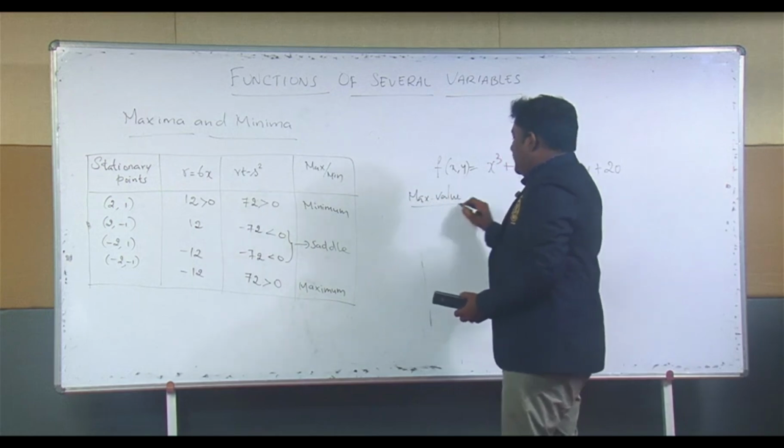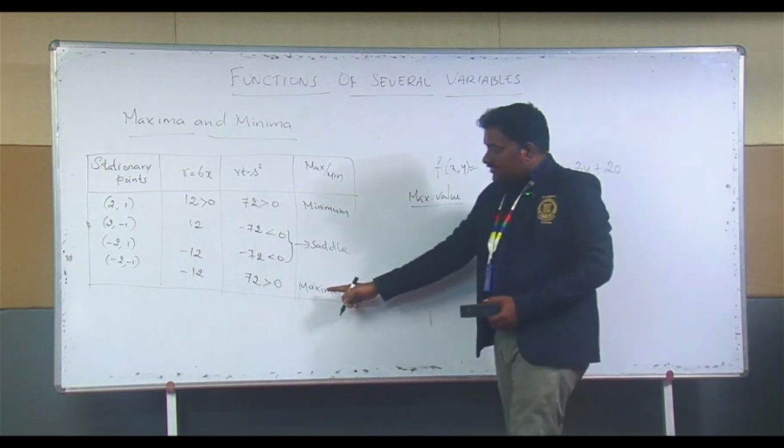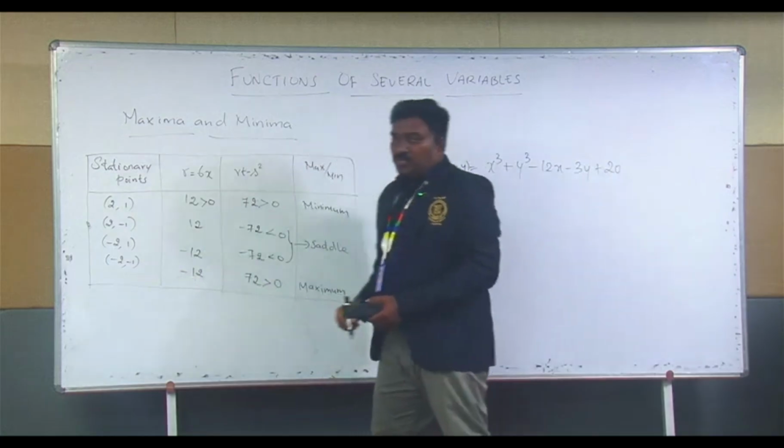So we are going to find the maximum value. I take this respective point, that is (minus 2, minus 1).